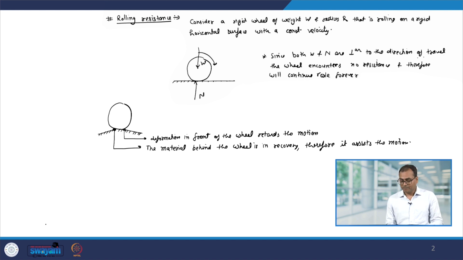And practically we know that the deformation in front of the wheel is larger than the recovery, therefore, eventually the wheel is going to stop.